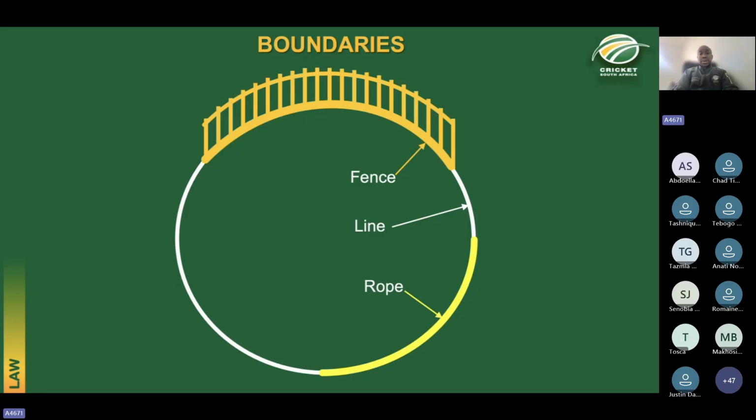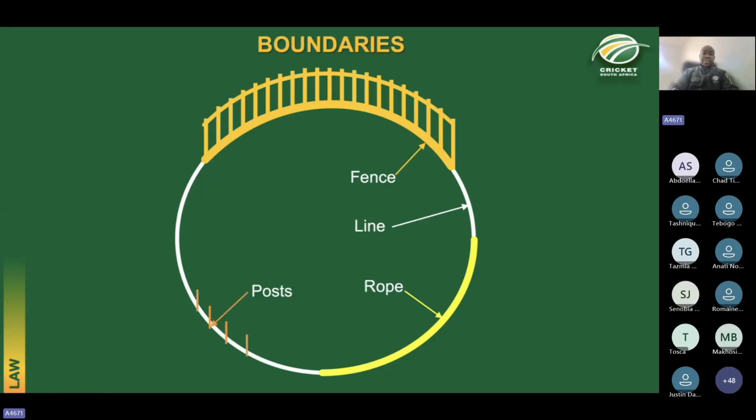If we have a rope, and most stadiums across the world have boundary ropes, the inside edge of that rope is the boundary. So if the ball hits the rope on the full, it has crossed the actual boundary line, which is the inside edge of that rope. Therefore, that would be a boundary 6.